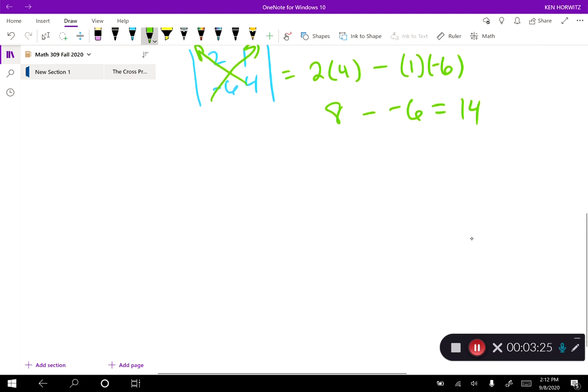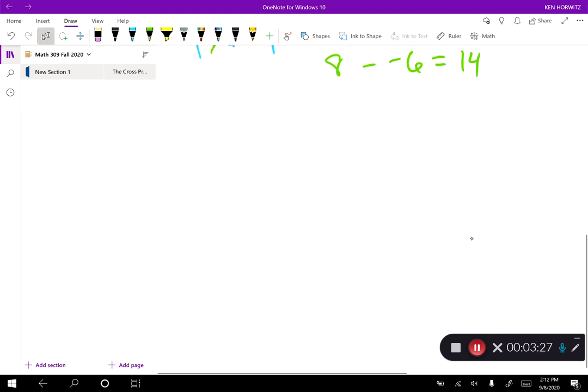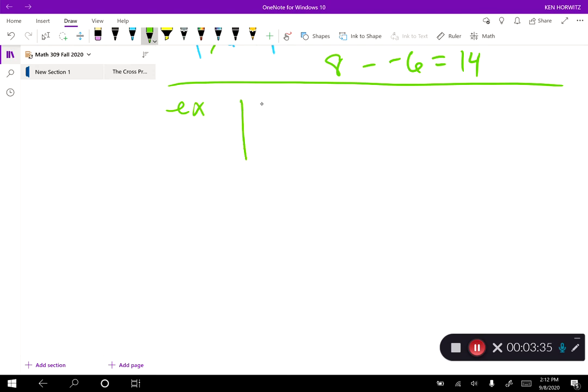So that's the basic idea of determinants. Now I'm going to give you one so you can try it. Here is my example. If you have this determinant, 2, 4, pause the video and see what you can do. Hopefully you paused the video and you did your arrows.